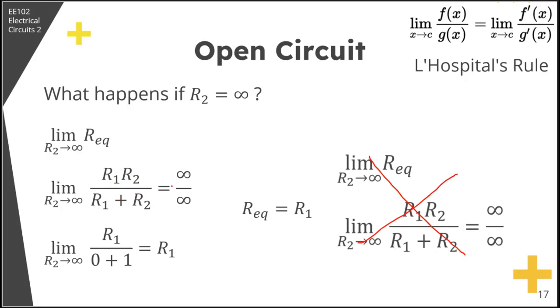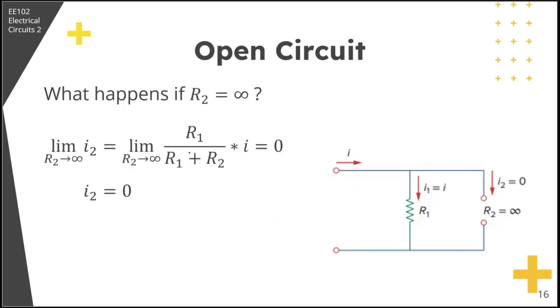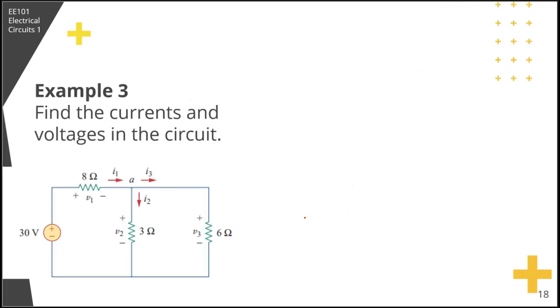R2 is infinity, so this is infinity over infinity. Again, L'Hopital's rule. We have R1 on top, then 0 plus 1 at the bottom. Hence R1. So the equivalent resistance for an open-circuited element is equal to R1.